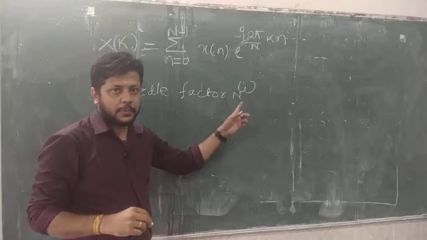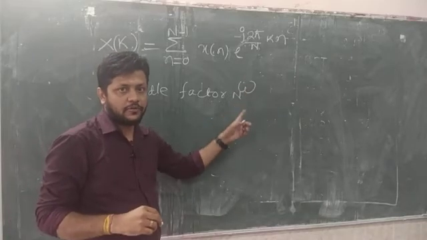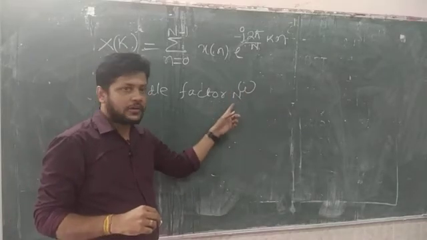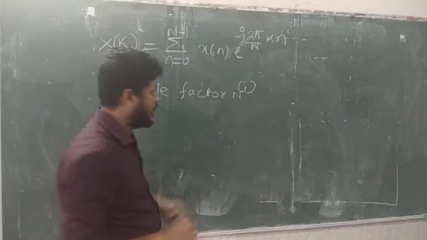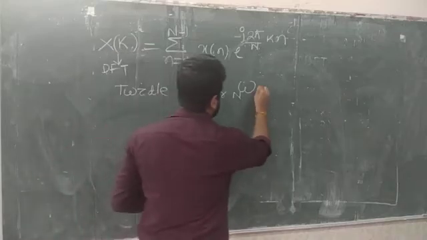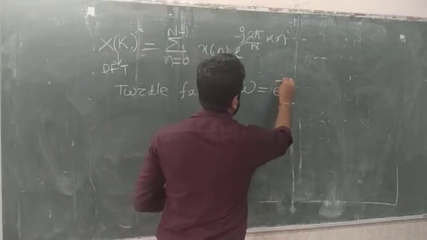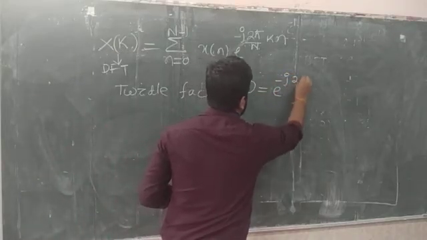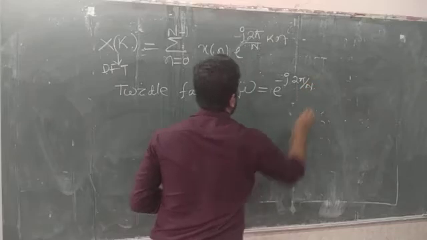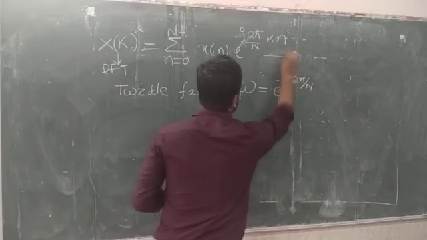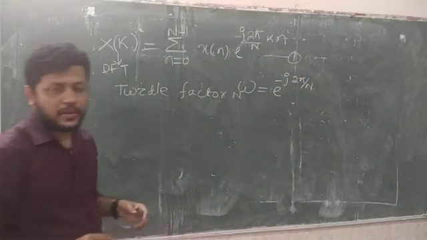For example, for a 4-point DFT it is written as W4. And this W_N value is nothing but e to the power minus j 2 pi by N.